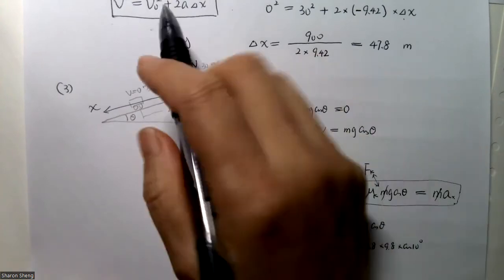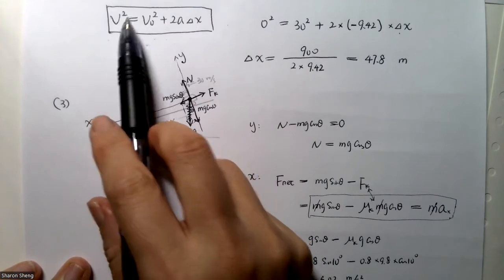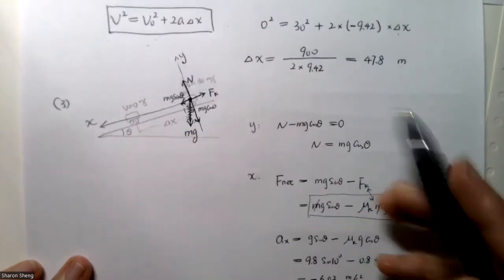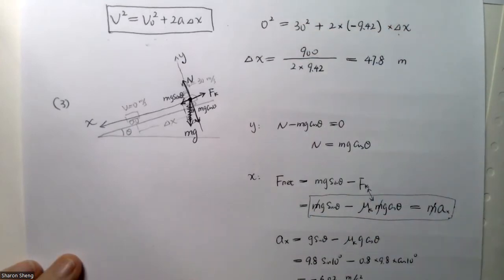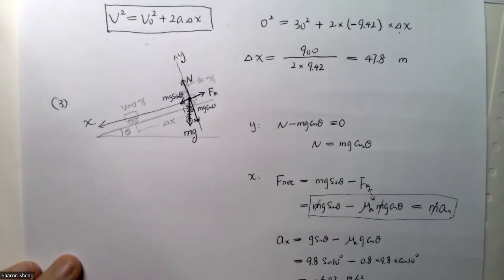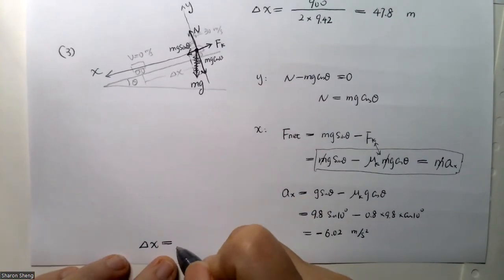Then use the same formula right here. Final velocity squared equals initial velocity squared plus 2a delta x, and copy the same formula. I can do the calculation. Delta x equals v squared minus v0 squared over 2 times a.